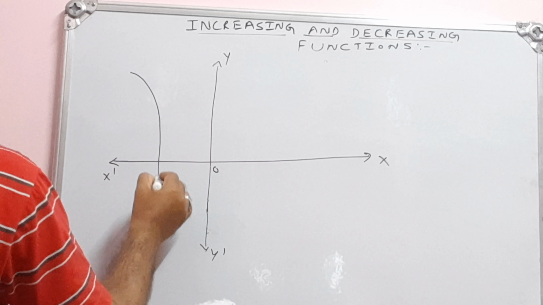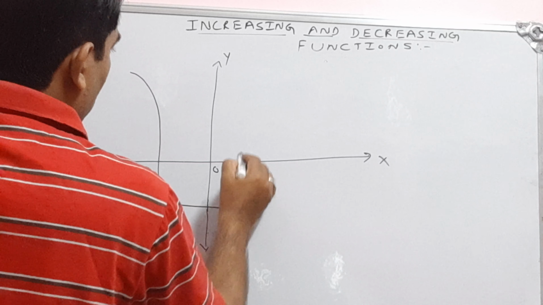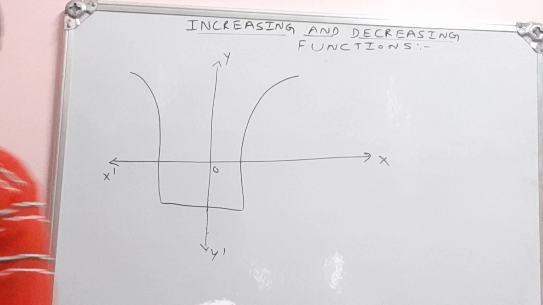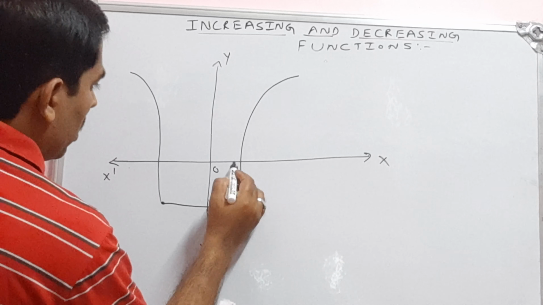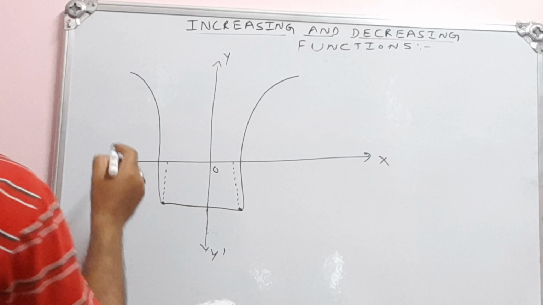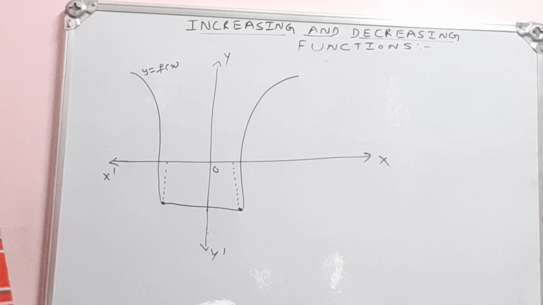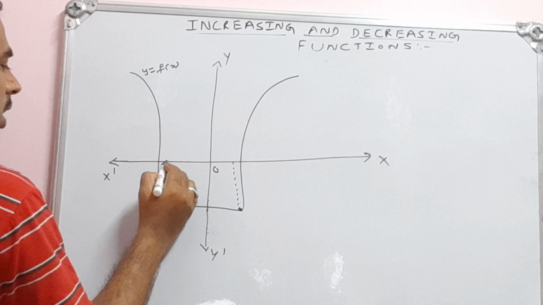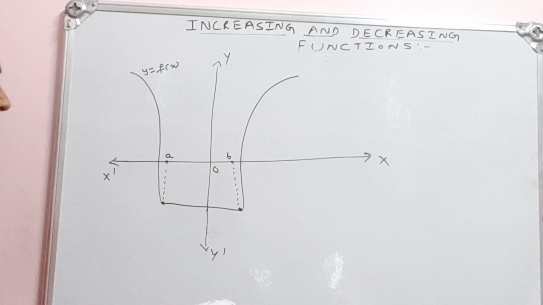Observe this. If the graph is like this, see what is happening at these points. Let me say this is y is equal to f of x. Let me take this point as A and this point as B. Observe the shape of the graph.